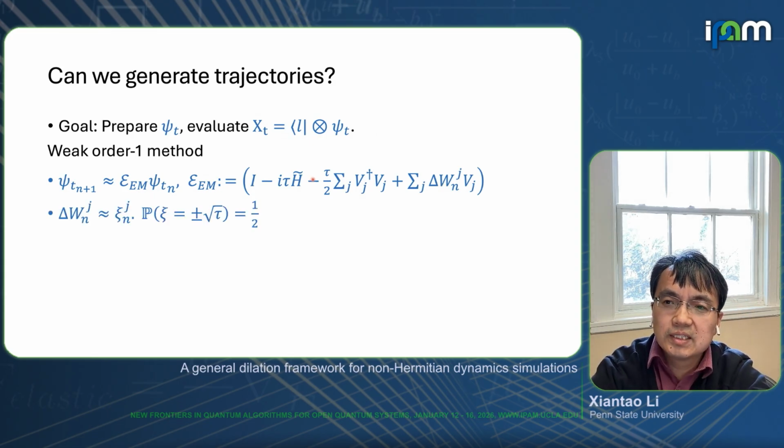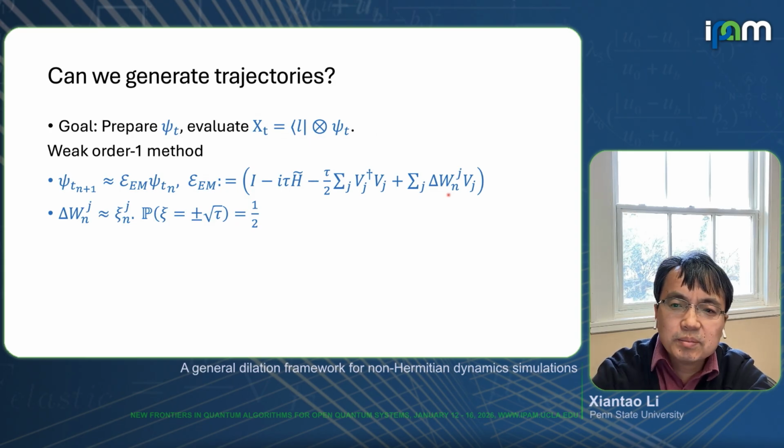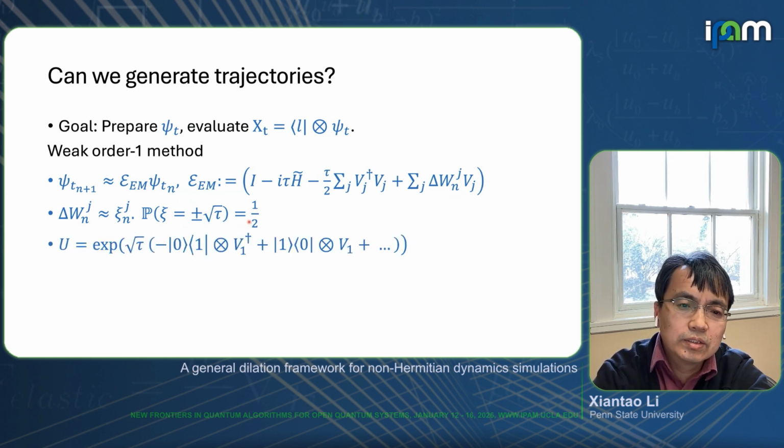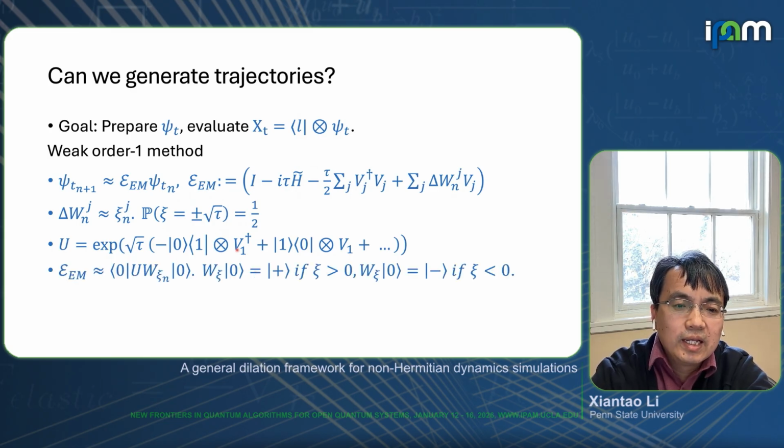To realize this on the ancilla, you can approximate this delta W using this binary random variable. And the way that you do it is by putting H in the diagonal, and the off diagonals are these jump operators, and build this unitary. And then to apply these random terms, you do something to the ancilla.